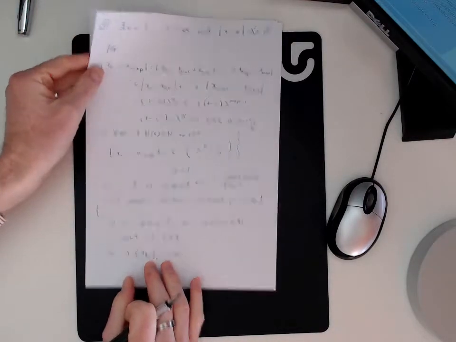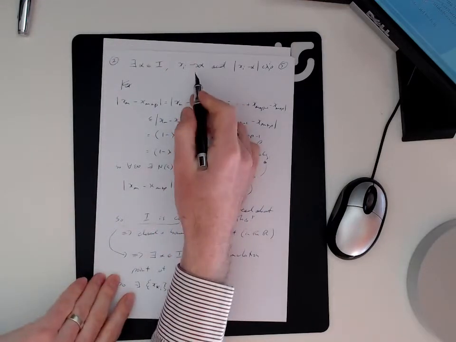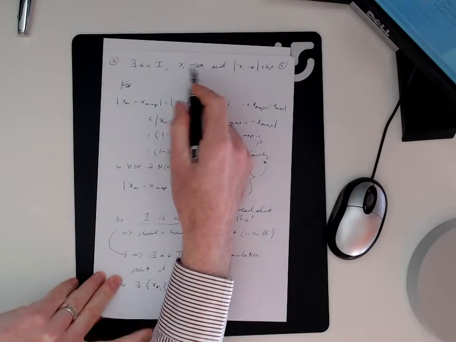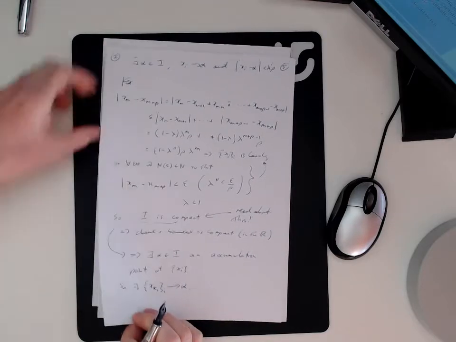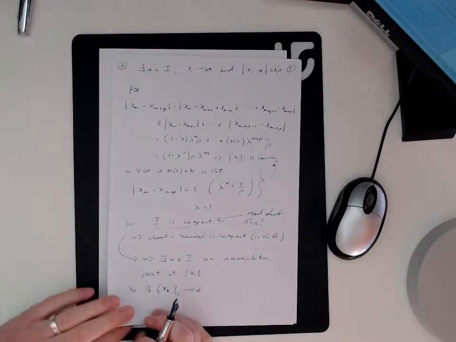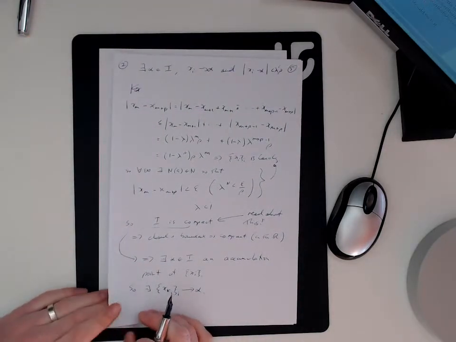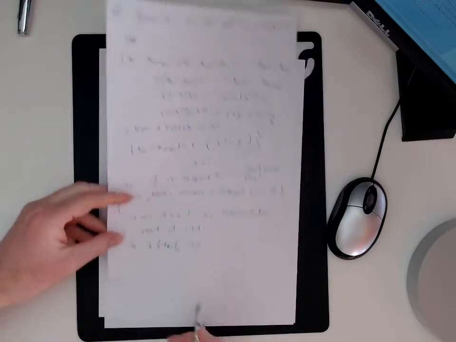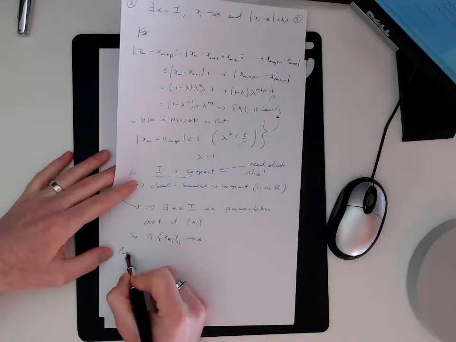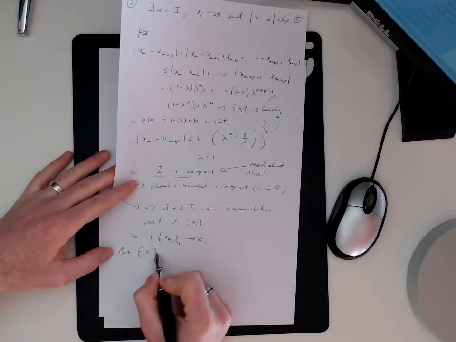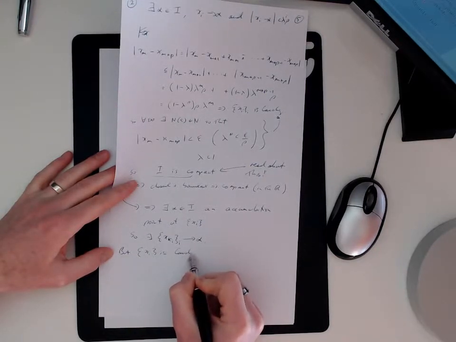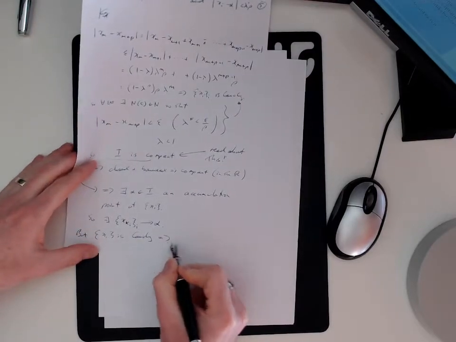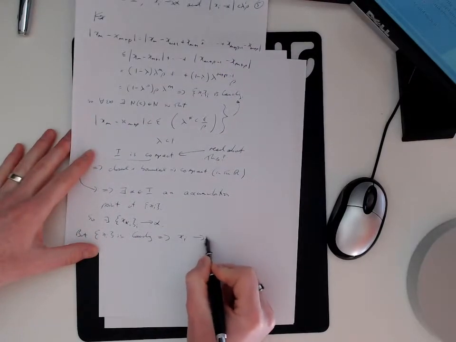Okay, so I've proven that there exists some alpha that some subsequence converges to, and my sequence is Cauchy, and that implies that the full sequence must converge to alpha.